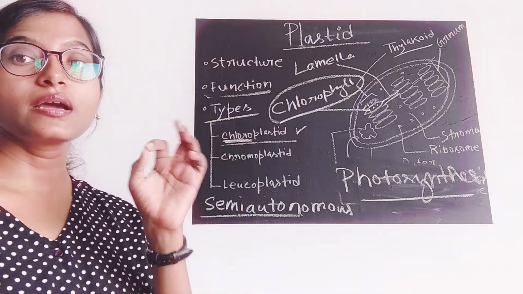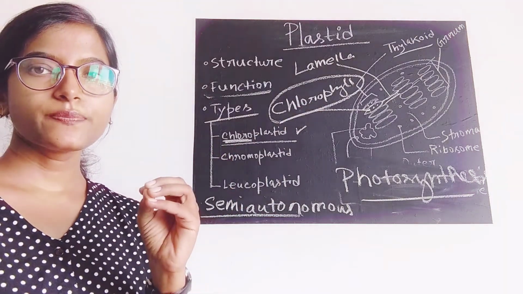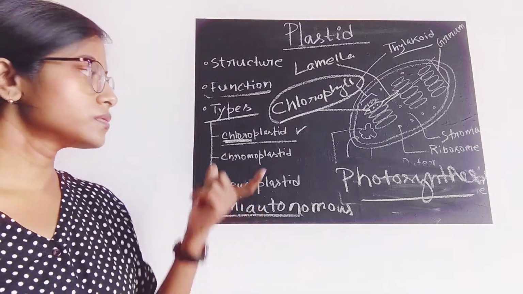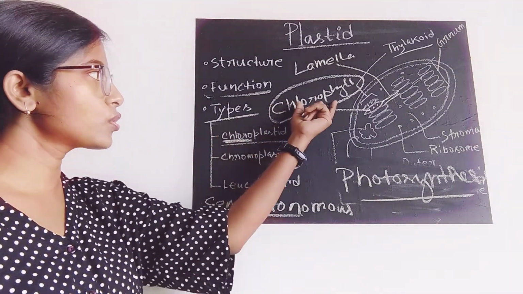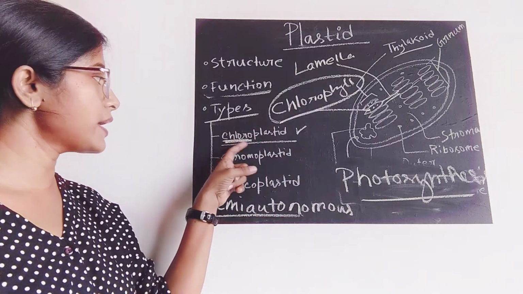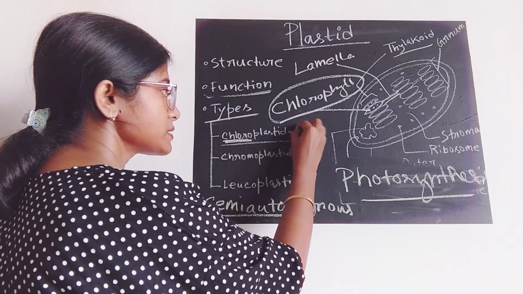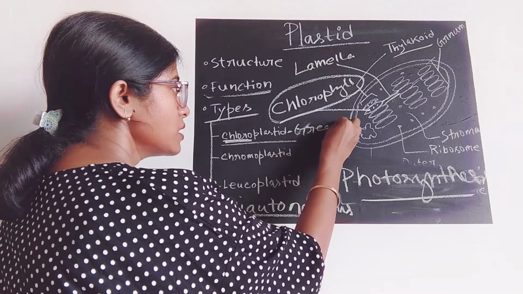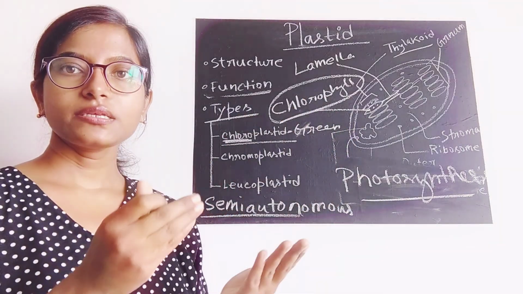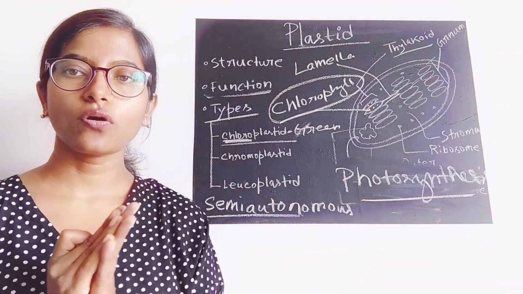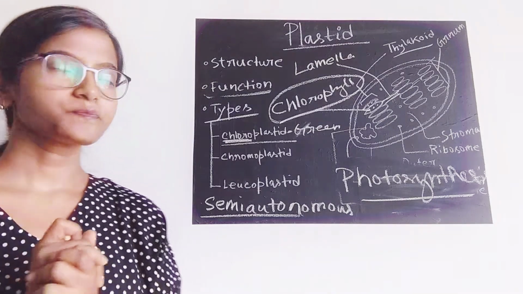Chlorophyll is the green pigment which is present inside the plastid. So the plastid which has this chlorophyll pigment is called chloroplastid. The color of chloroplastid is green. So wherever there is green color in the plant, there is presence of chloroplastid.